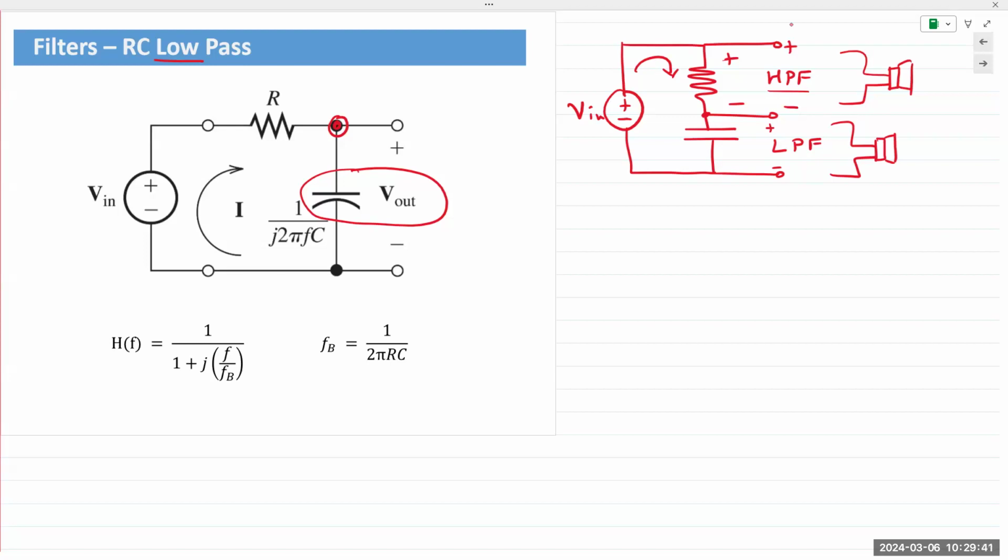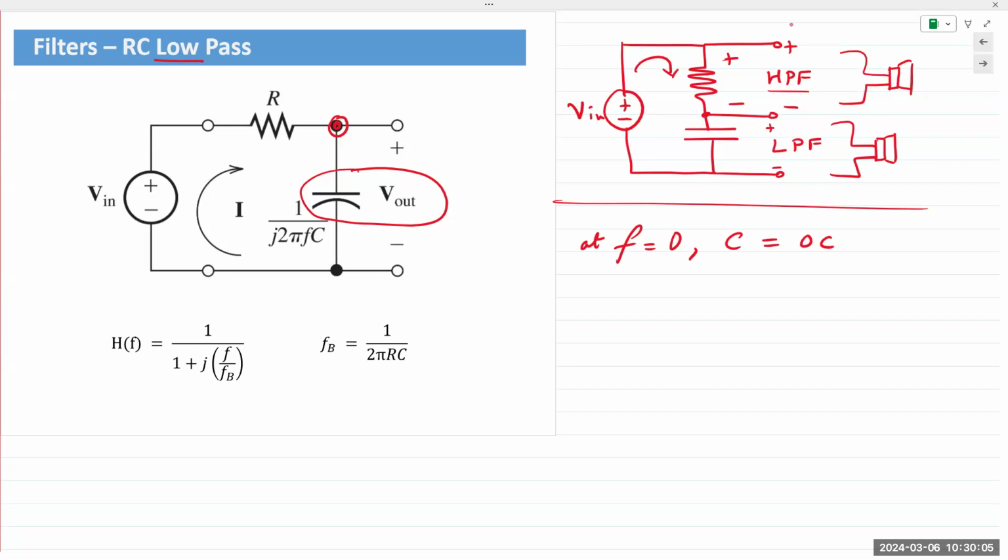Okay. Anyway, let's look at how and why this would work as a low pass filter, right? The quick and easy analysis from our handy dandy table. A capacitor at low frequencies, when F tends towards 0, behaves like an open circuit, right? You can reference the table, you can have it in your equation sheet, that is absolutely fine.